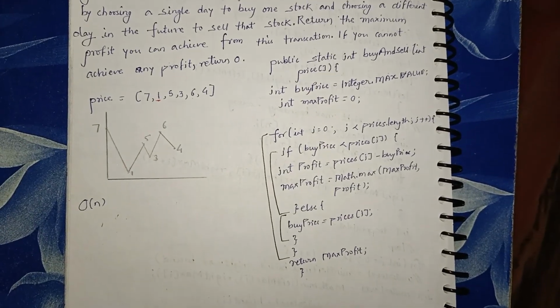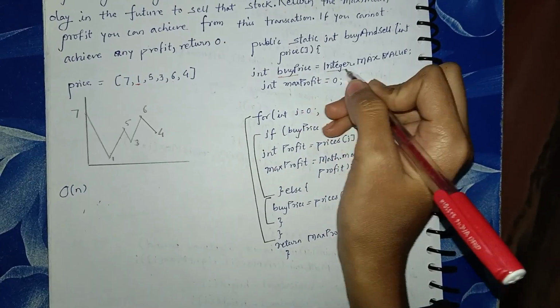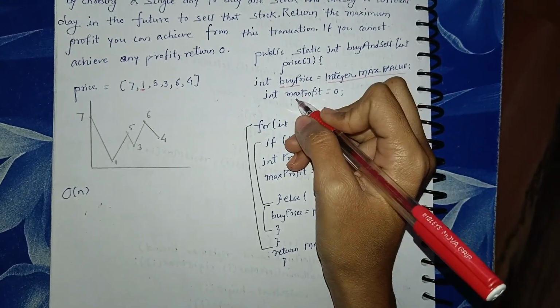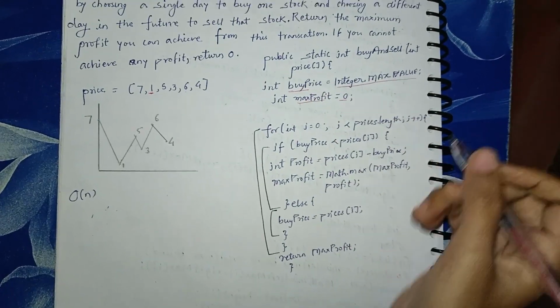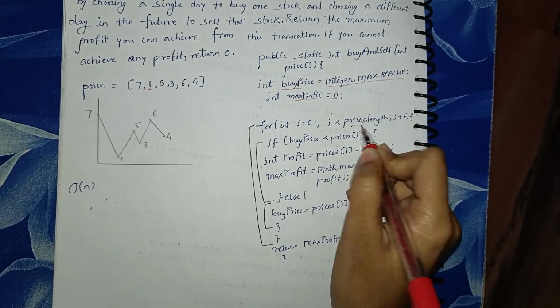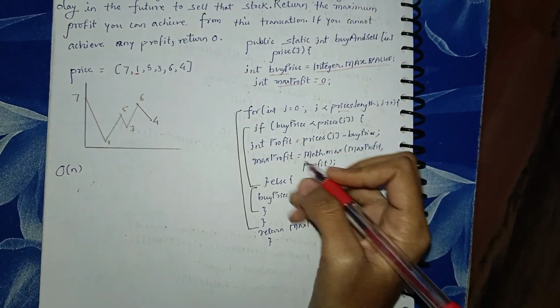So we initialize buy price with a very large value, here Integer.MAX_VALUE. We initialize profit as 0, max profit as we buy, that is 0. We traverse each stock price. If the current price is smaller than buy, we update the buy price.